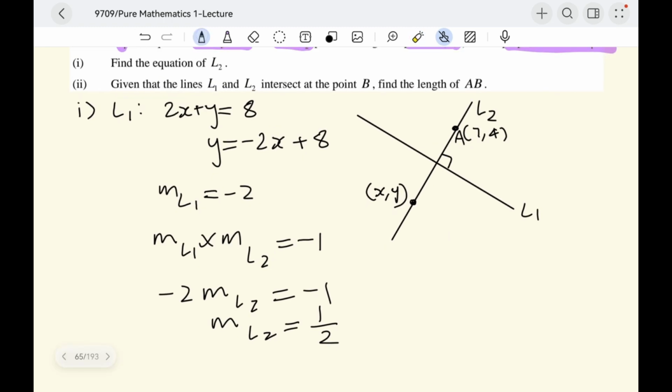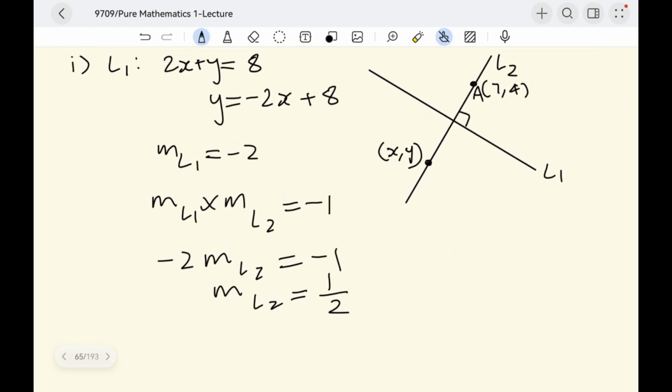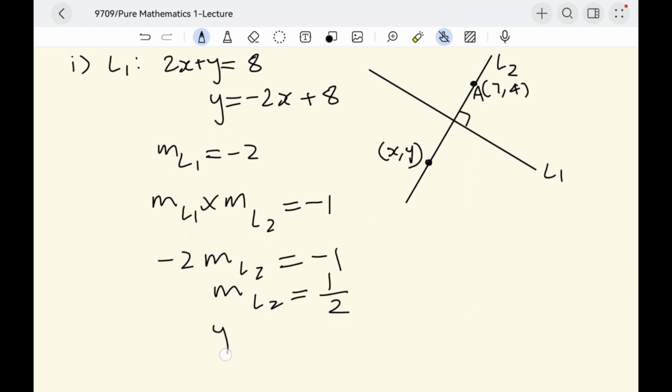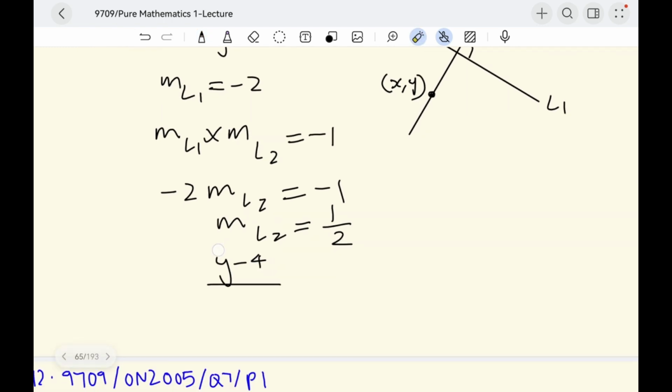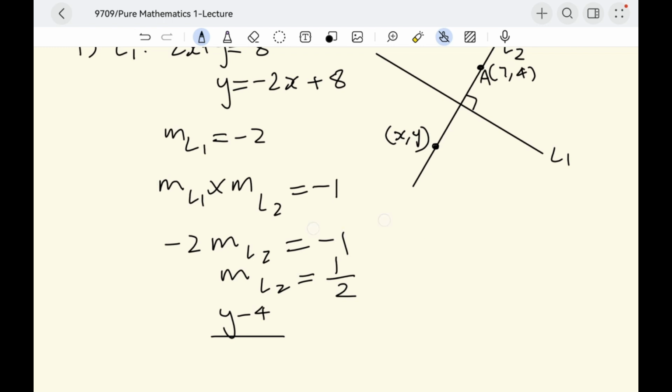So I have to use another expression in terms of x and y to obtain the equation of L2. So I have y minus 4, meaning the change of y, over the change of x. Fundamentally, I have y minus 4 in the numerator, and in the denominator I have x minus 7.